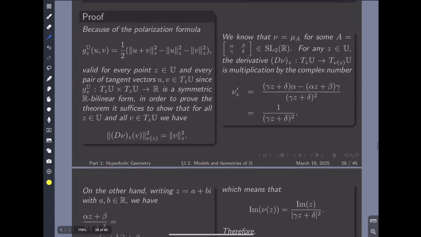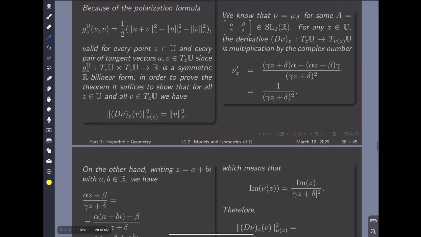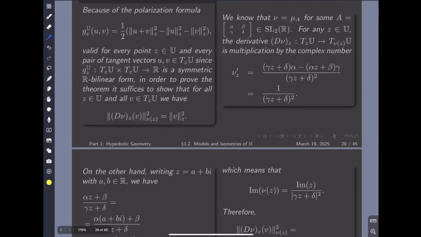So let me just describe briefly the process. We take a matrix representing the Mobius transformation, and compute the derivative at any given point, which is rather easy because nu of z is alpha z plus beta divided by gamma z plus delta.